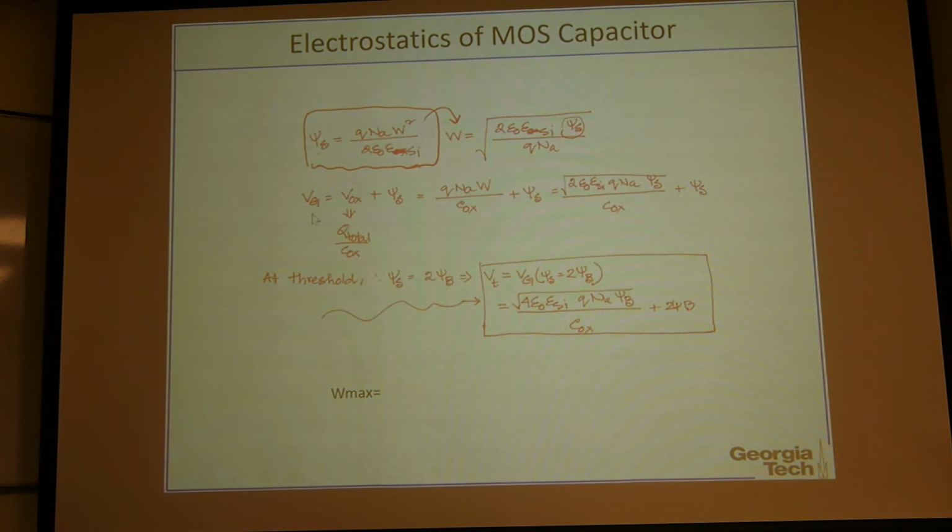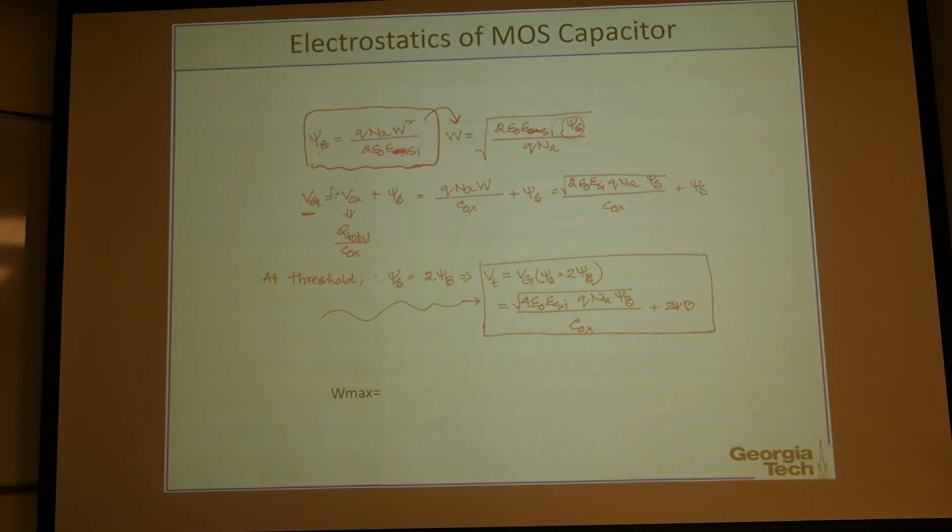So here we derive so many equations. The eventual goal here is to derive the threshold voltage, because that is very important. So what is the threshold voltage? The threshold voltage is the voltage you apply to the gate. That is the gate voltage. And the gate voltage, as we discussed, has two components.